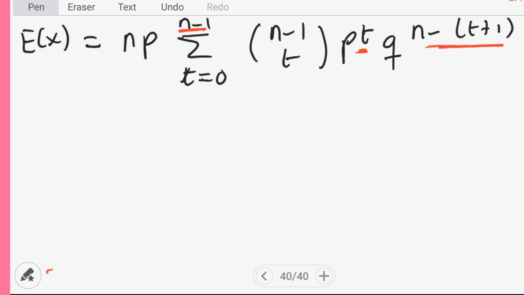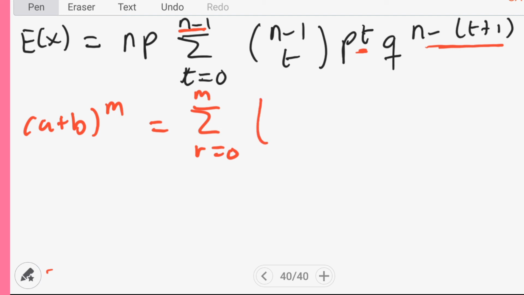So now let's compare it to the binomial expansion theorem. We have a plus b to the power m, which is equal to summing on r from 0 to m, m combination r, a to the power r and b to the power m minus r.